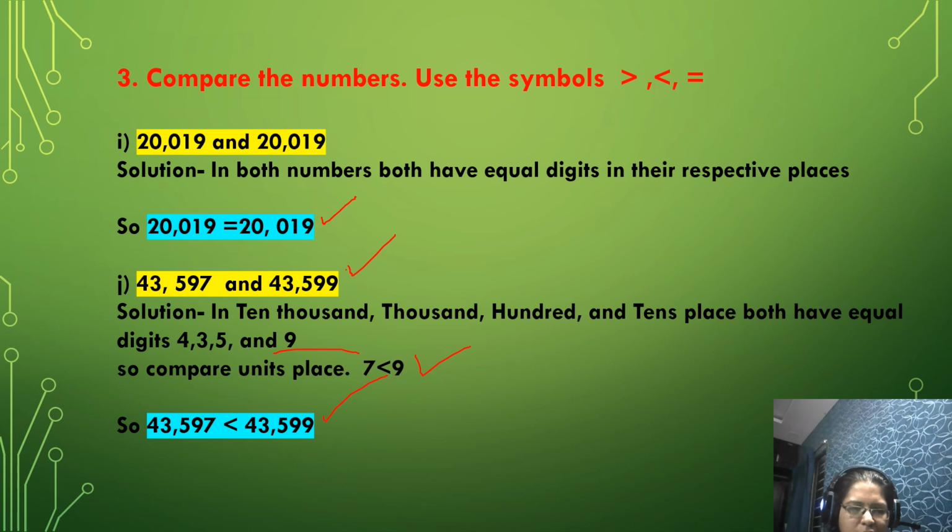So we compare the unit place, that is the ones place. In the first number the ones place is 7. In the second number the ones place value is 9. We know 7 is less than 9. So we get 43,597 is less than 43,599.